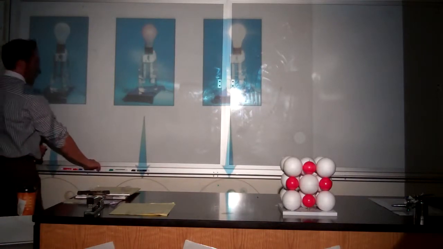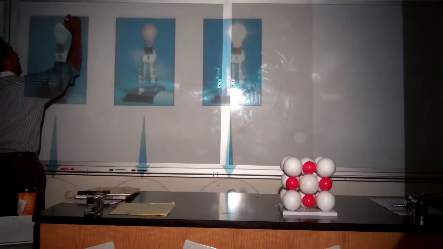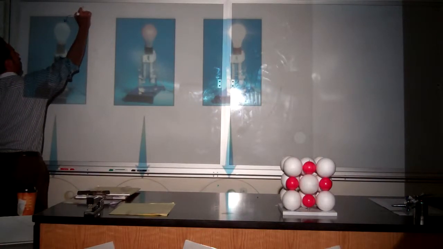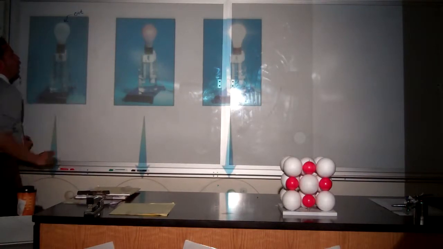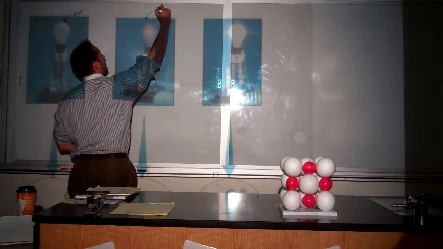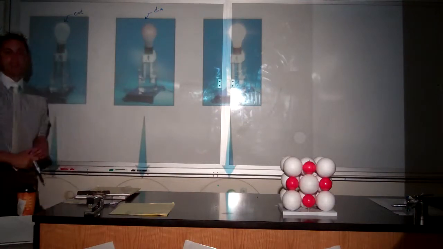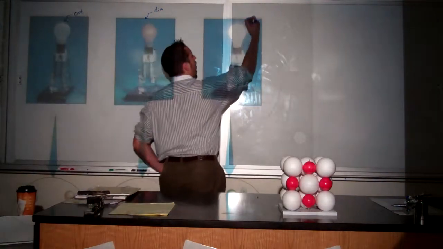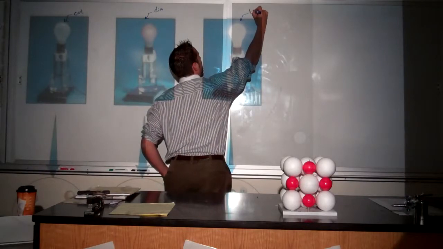One of the light bulbs is out. One of the light bulbs is dim or dimly lit. And the third light bulb is bright.